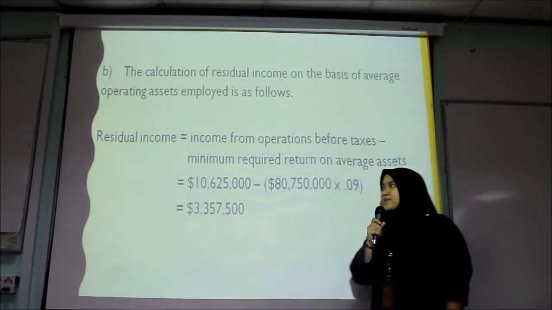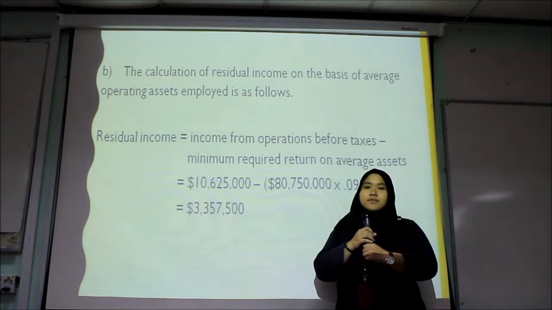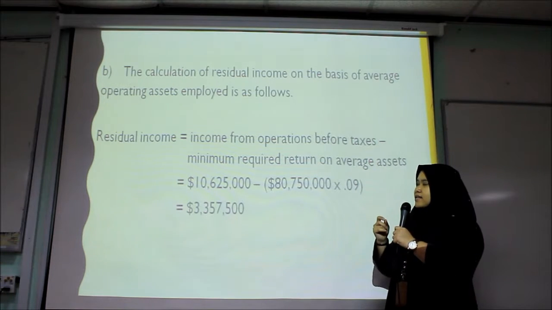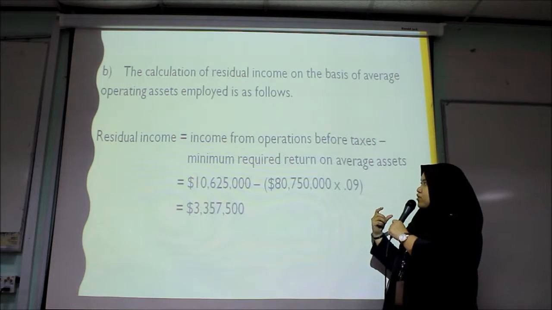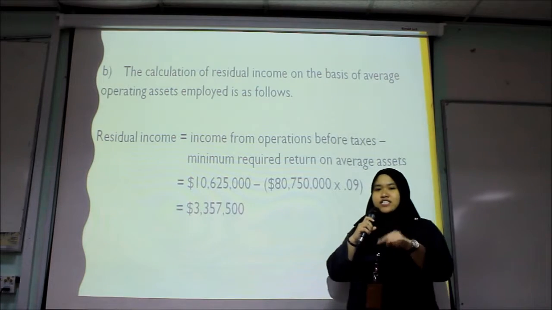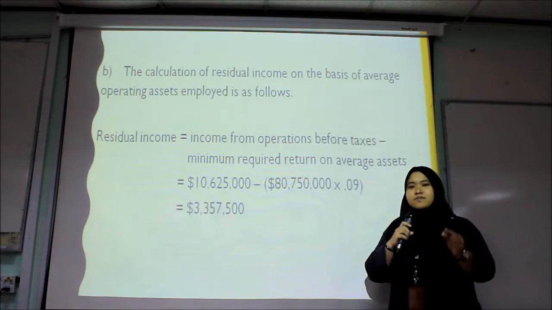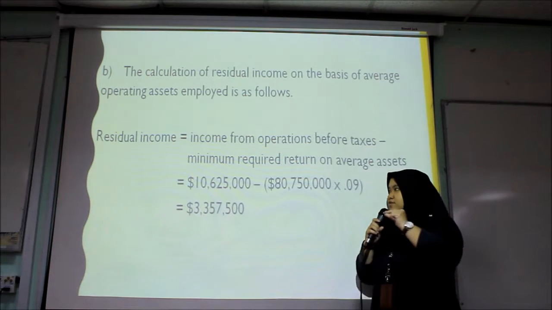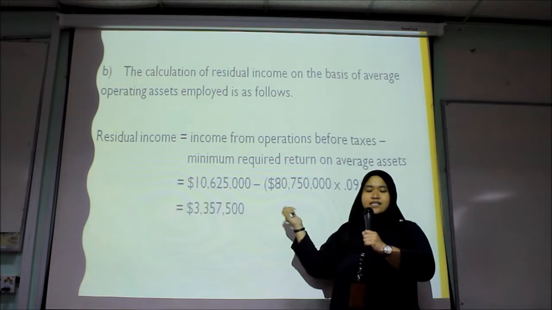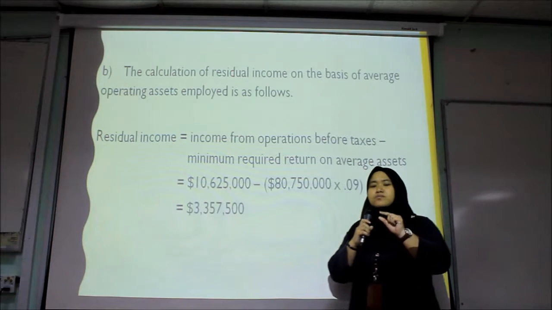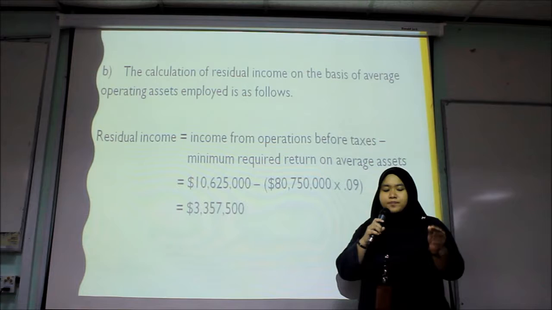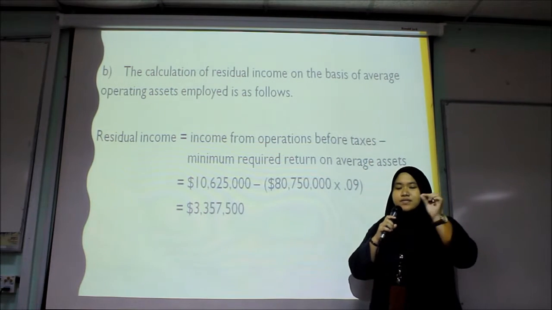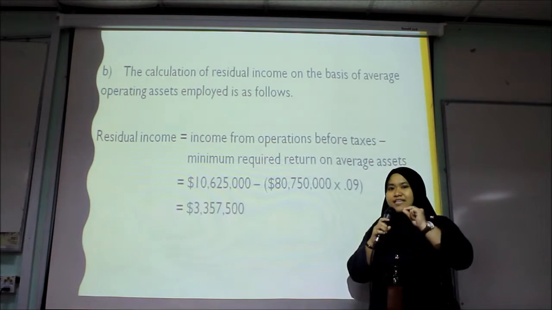For question B, we need to calculate the RI on the basis of average operating assets employed. For RI, the income from operations before taxes, stated in the question, needs to be minus the minimum required return on average assets. The income from operations before taxes is 10,625,000, minus the average operating assets multiplied by the 9% minimum return.